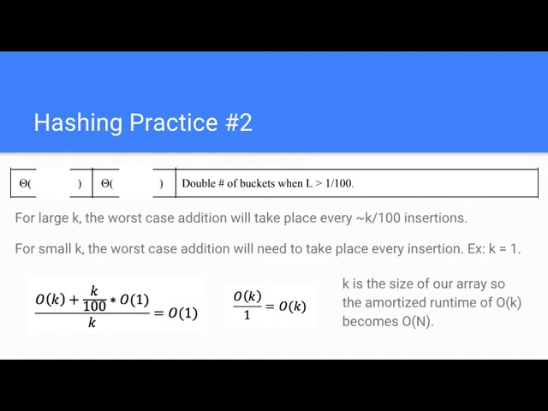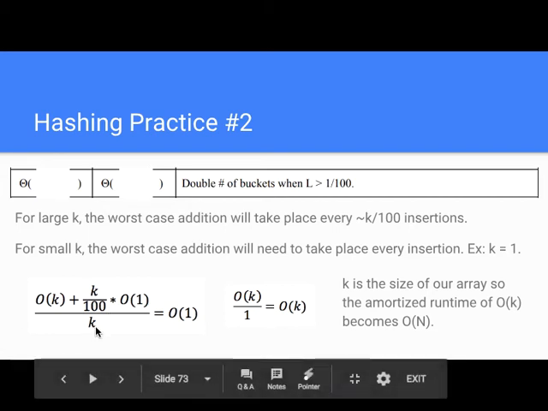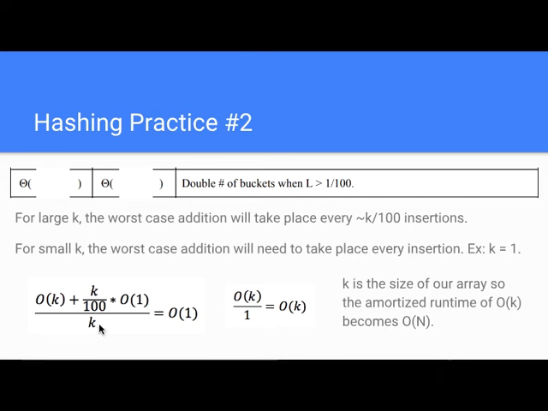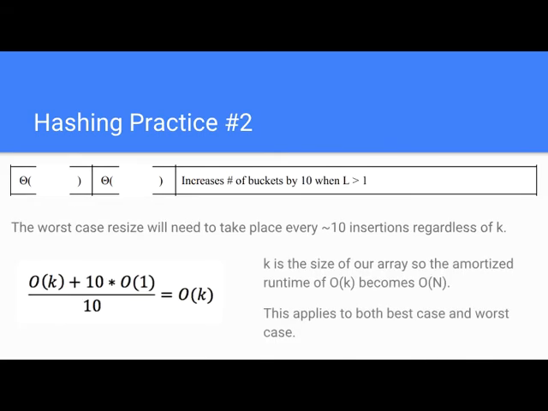Because here, for every single k over 100 insertions, do you resize plus k over 100 new insertions? Yeah, I think you're right. So this should be k over 100. But in the end, I'm also considering this as a ratio. For every k insertions that you do, k over 100 constant time insertions will get you a resize. Okay, we'll go back to this.